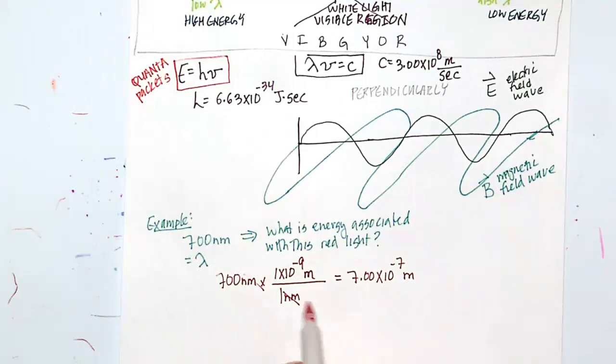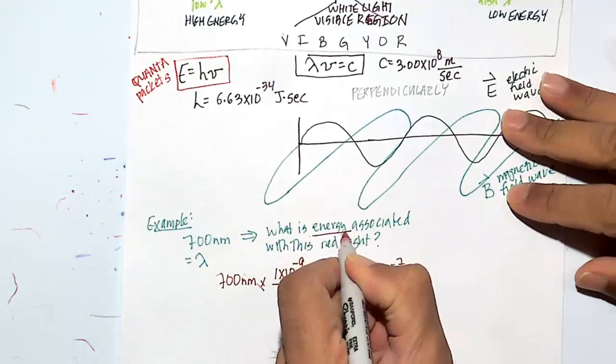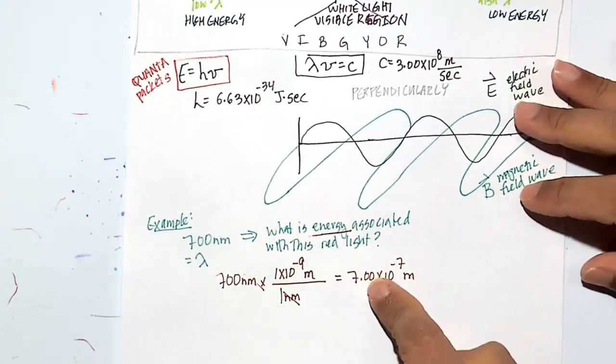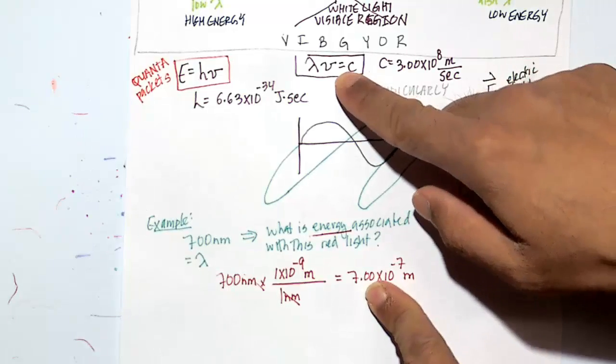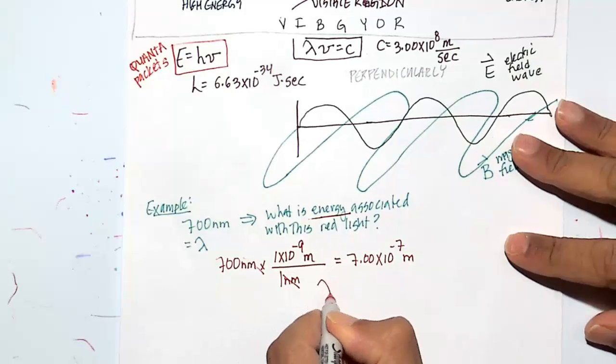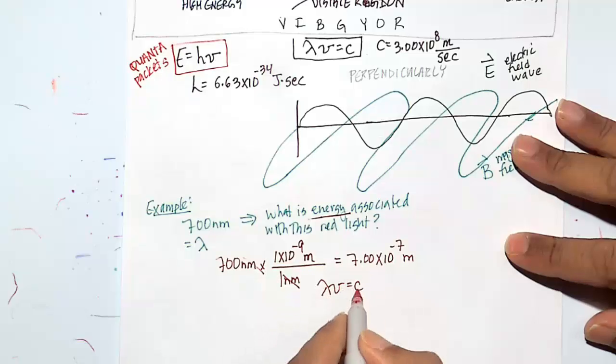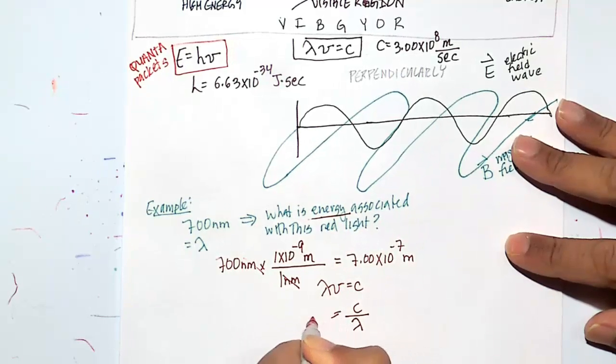What is the energy associated with this? We have the wavelength. Let's go ahead and calculate the frequency of that radiation of red light. So lambda times v is equal to c. These guys travel at the speed of light. So c over lambda should equal my frequency v.